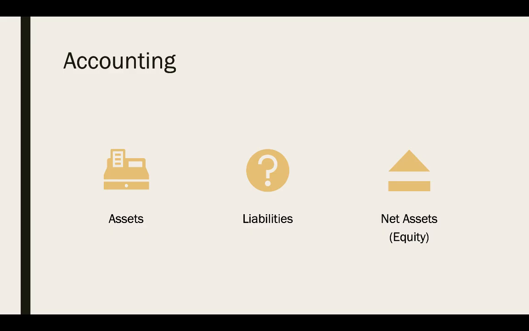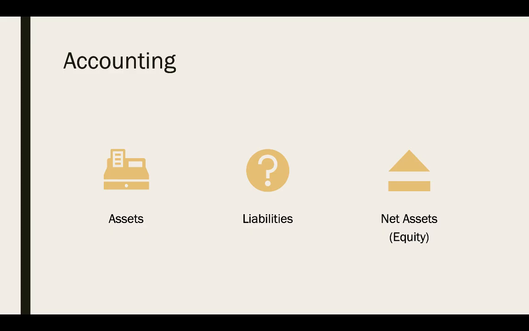Liabilities are money that we owe. Probably the most common liability an EMS organization will have is employee expenses, salaries, benefits. That's money we owe. The difference between the two is our net assets. So our assets minus our liabilities are our net assets, and that's typically referred to as equity.